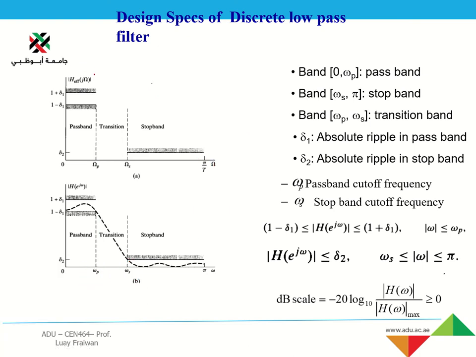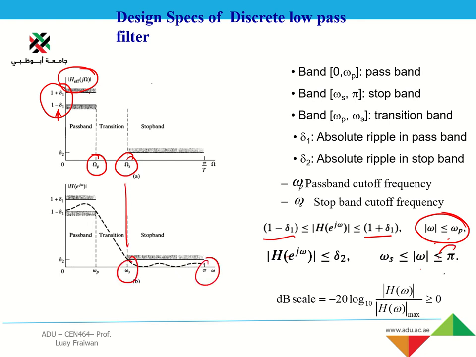For the transfer function, its magnitude is greater than 1 minus sigma 1 and less than 1 plus sigma 1 for which frequency? Up till the pass band frequency, when omega is less than or equal to the pass band frequency. When omega is greater than the stop band frequency and less than the sampling frequency or pi, my magnitude is sigma 2.